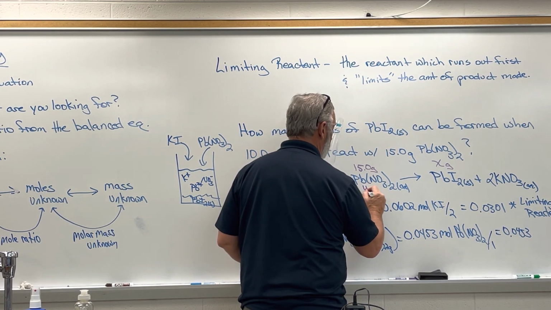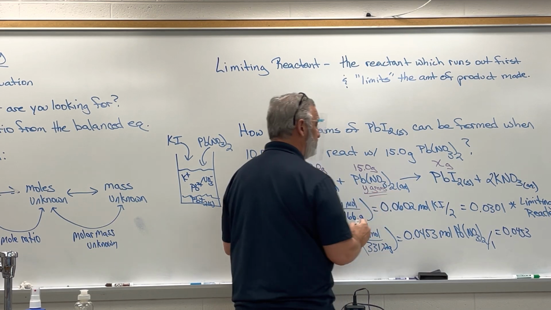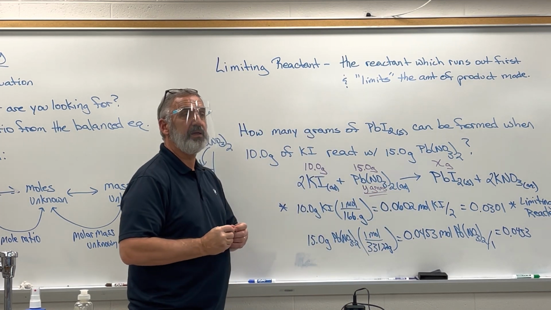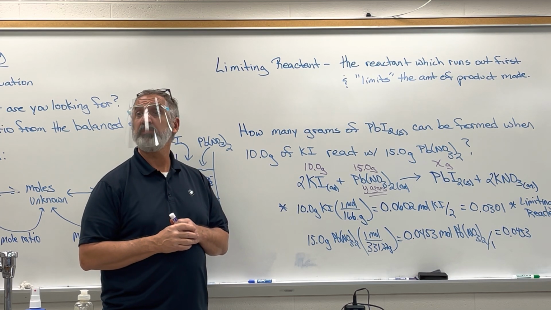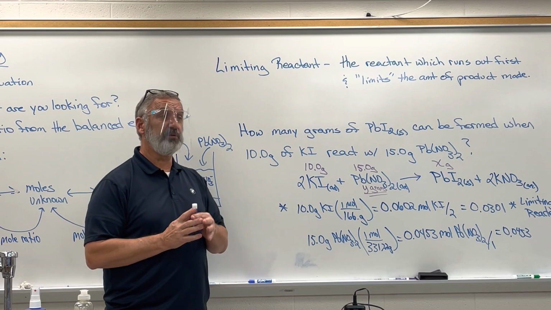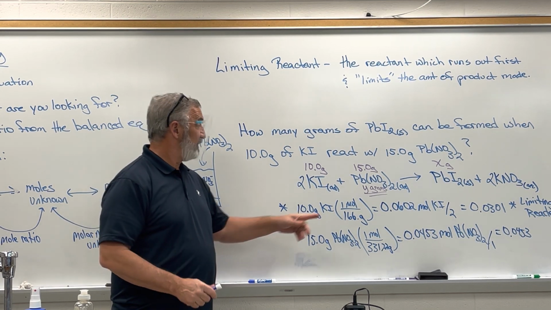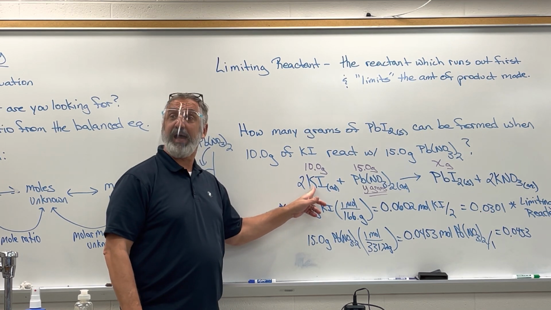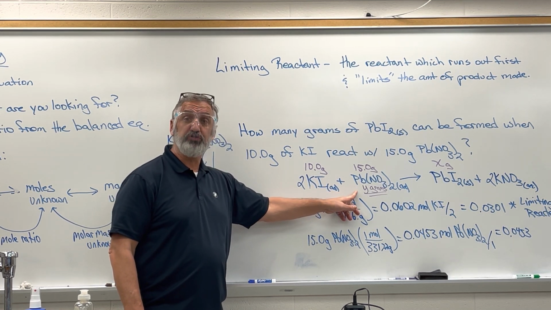Just say, y grams of this. What's that going to tell me if I solve for that? Well, we're going to use the molar mass. How many grams were needed to react with the 10 grams? This is how much was going to get used.